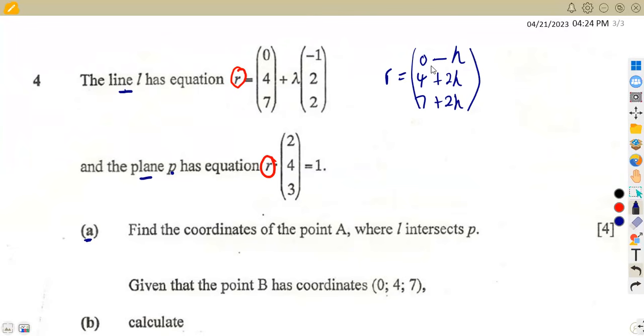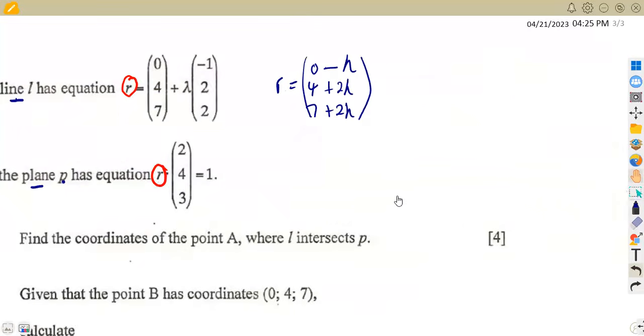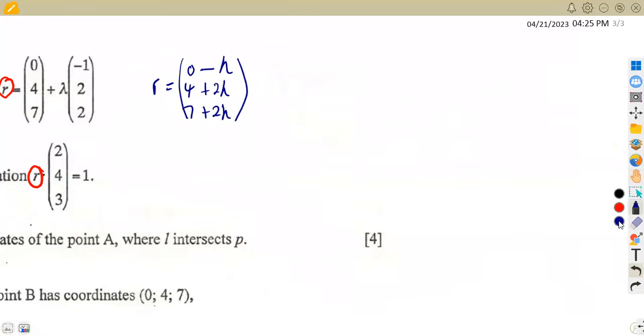So now I can substitute this r that I have from the line in place of r in the plane equation, because these two are equal, and I can perform the dot product that we are given. Take note, we are given that r dot (2, 4, 3) should give us a positive 1. So I substitute the r that I calculated from the straight line.